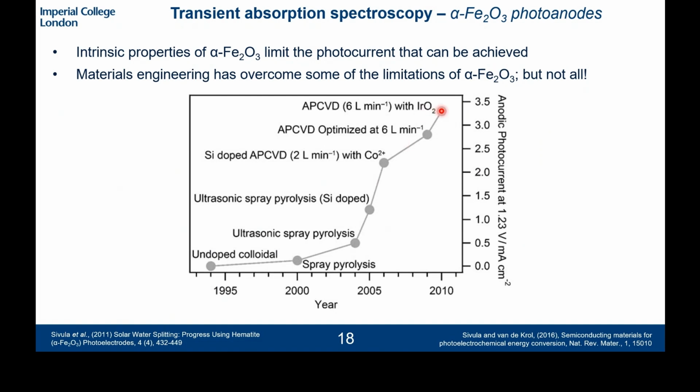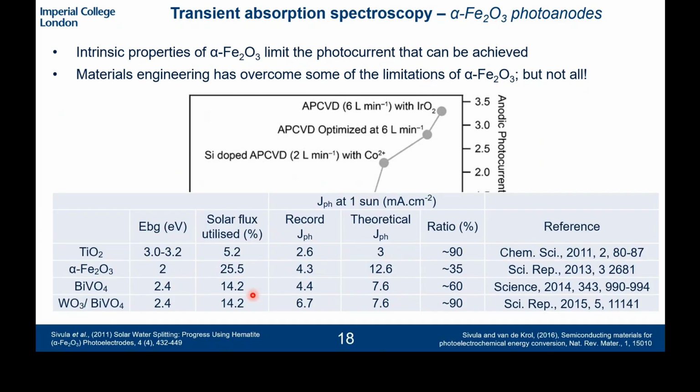I think there have been other studies that have reached about 4 now, platinum doped hematite, I believe. But we're nowhere near the limit, which is around 13 or 14, if I remember correctly. Oh, it's around 13. So this is annoying in a way, but that says hematite here.